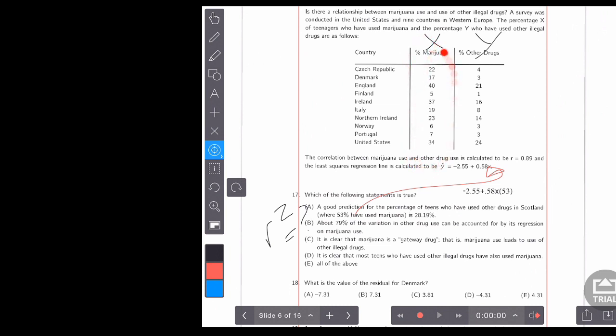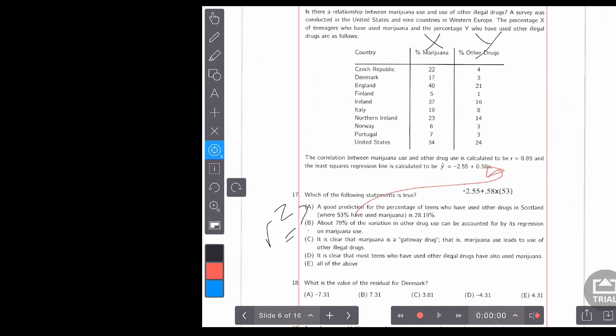Applying this line for a value of X that is far outside the range, so we can discuss what is far, but in this case it's sufficiently far away, means the line doesn't apply.